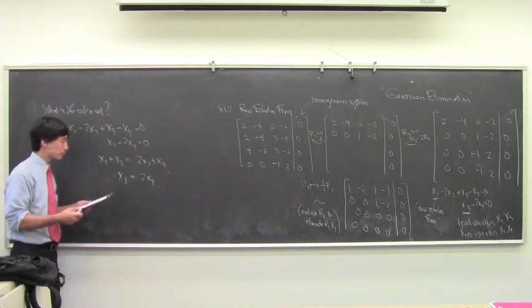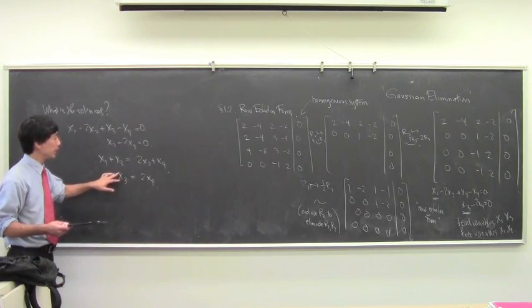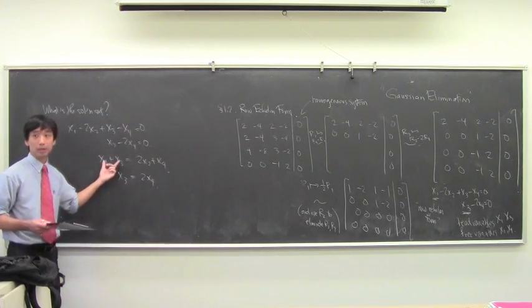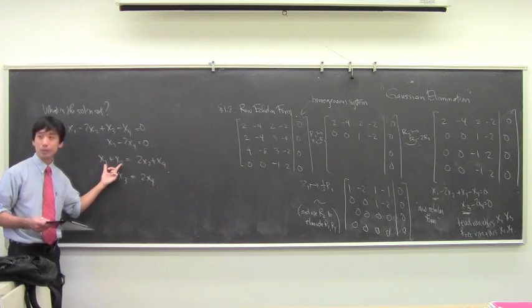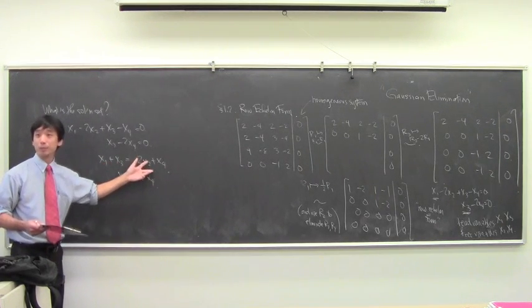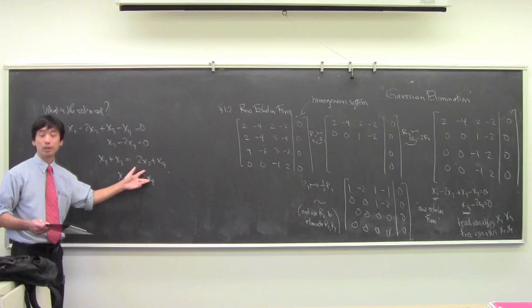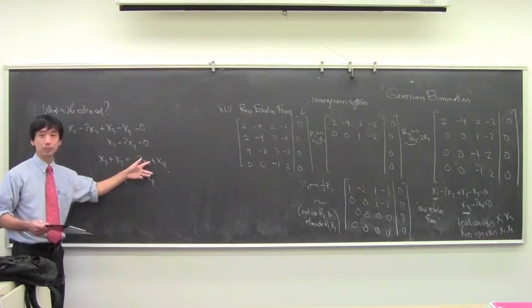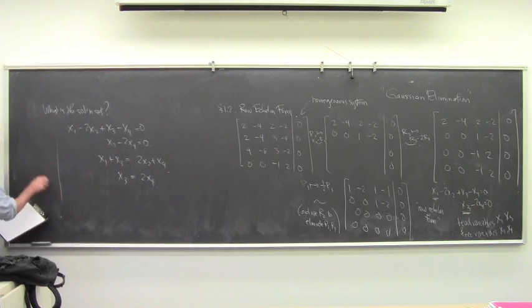What you see is that the lead variables can be expressed in terms of the free variables, just like when we had x plus 5/3 y equals -2, and we expressed x as -2 minus 5/3 y.